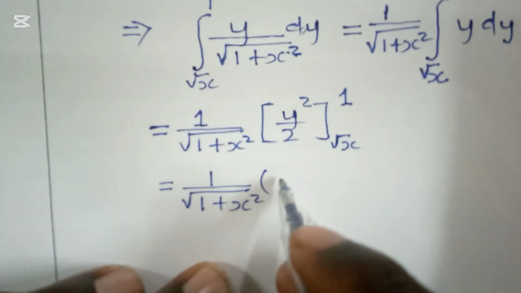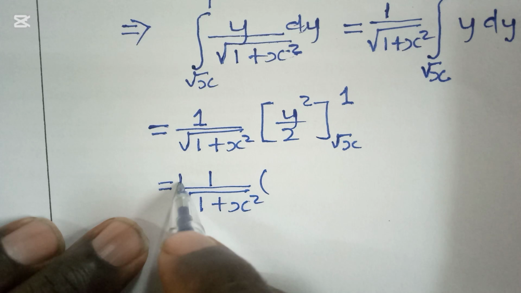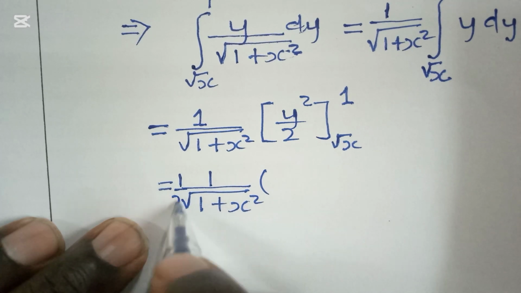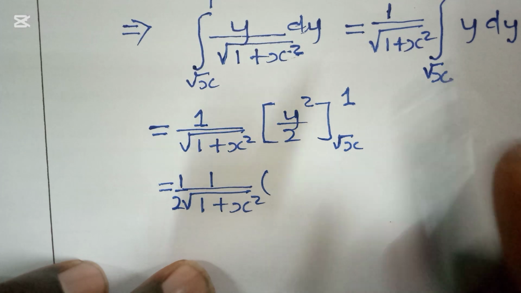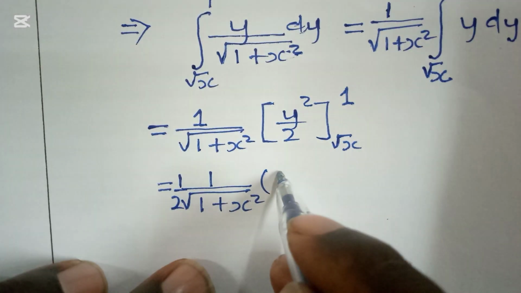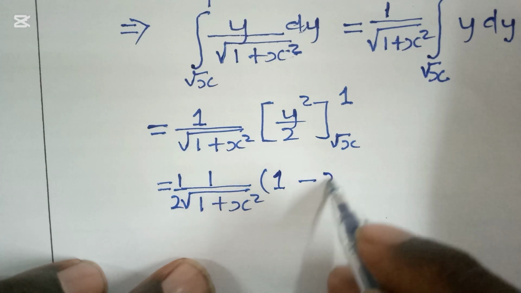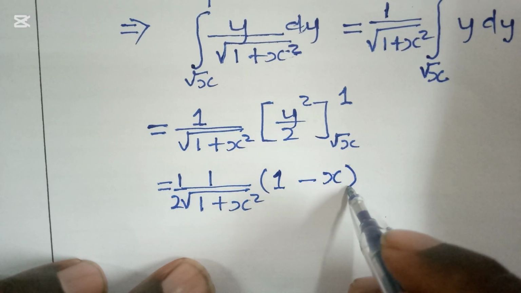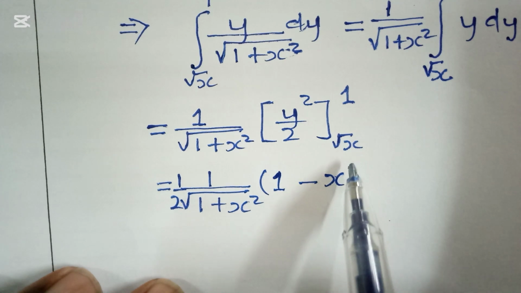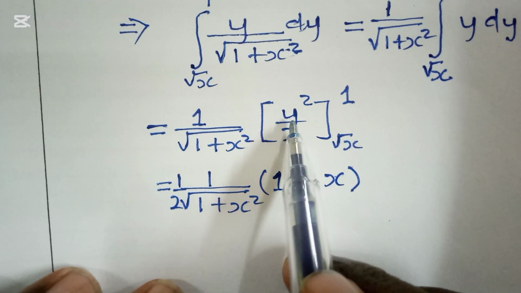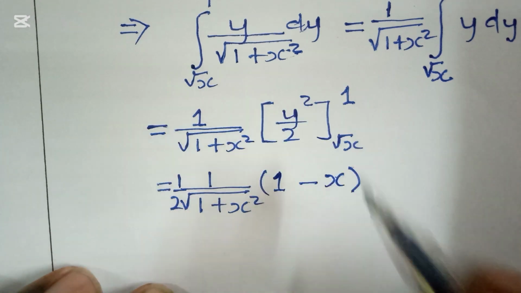Here we can put 1 all over 2. So that now guys, we have 1 minus x. That's when we insert 1, because 1 squared is 1. And then we have square root of x squared, you get x. Our 2, I've already put it there.